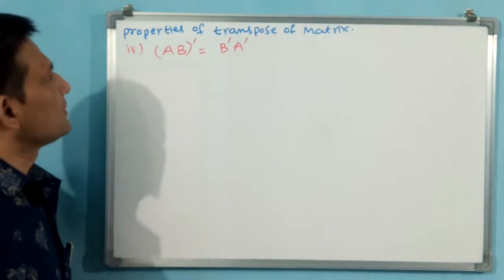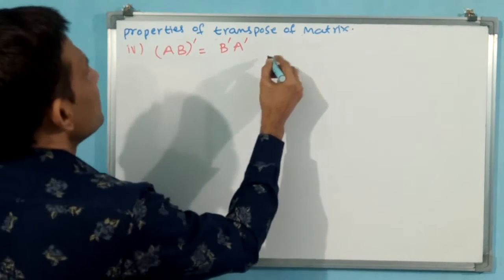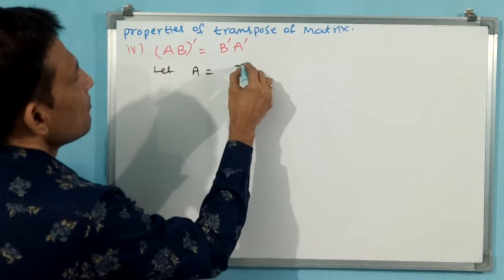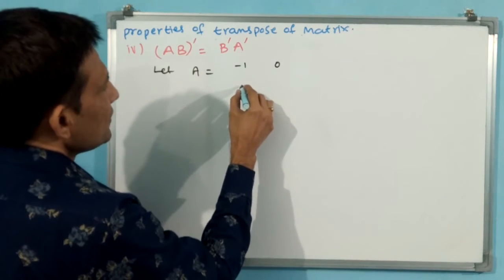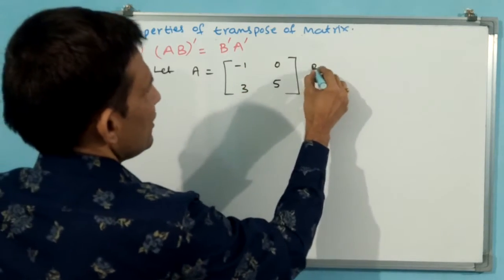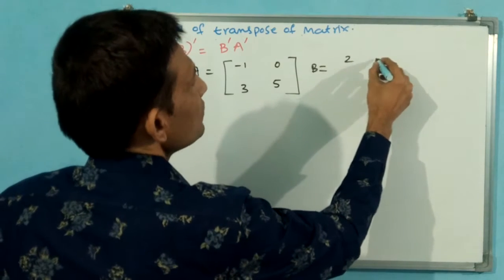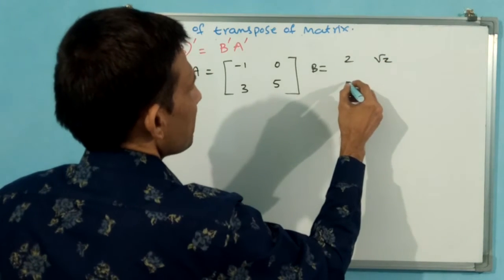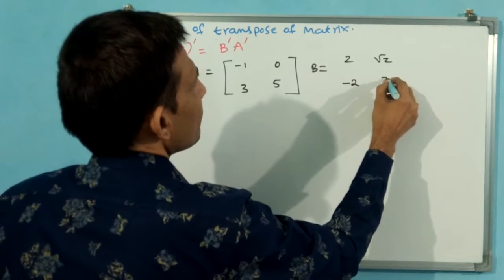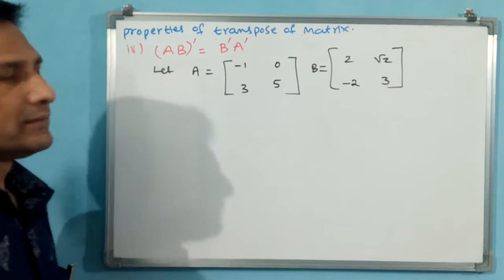Remaining all we do in the exercise. Let A be minus 1, 0, 3, 5. This is A. B is equal to 2, root 2, minus 2, 3.